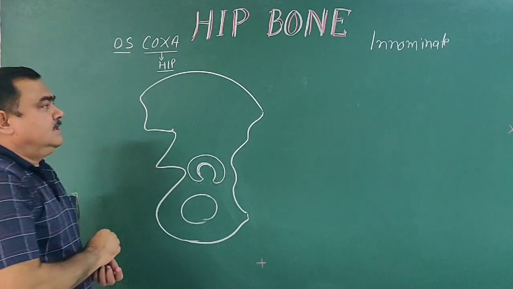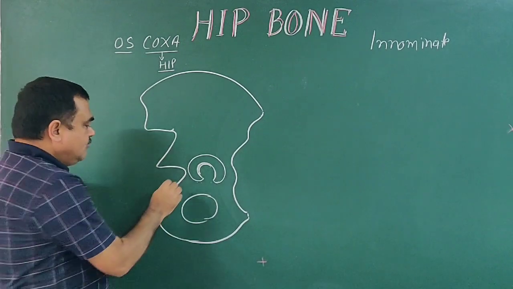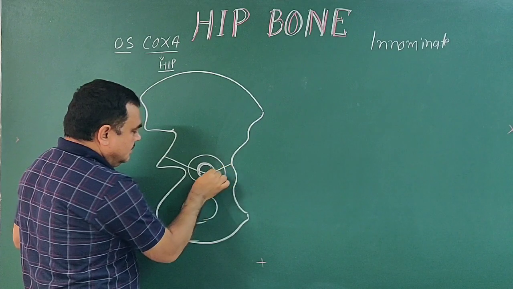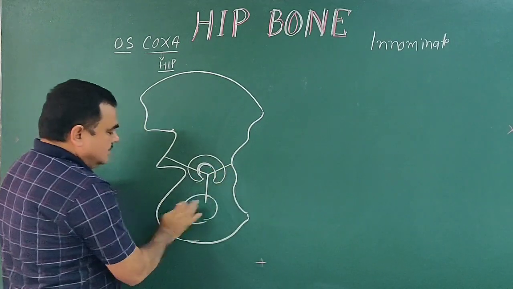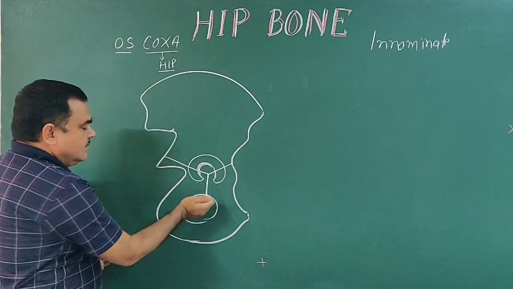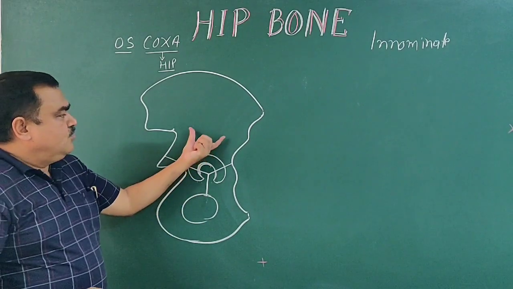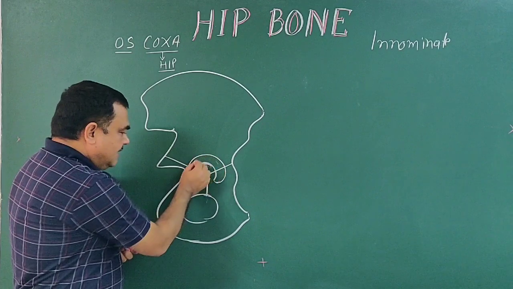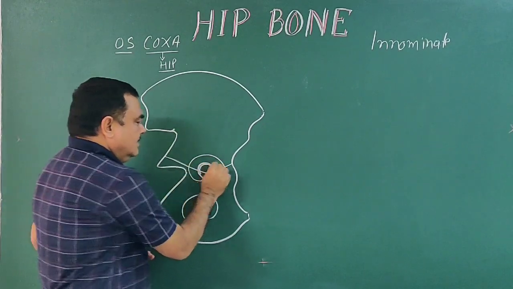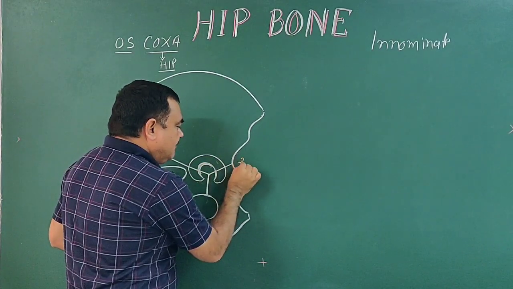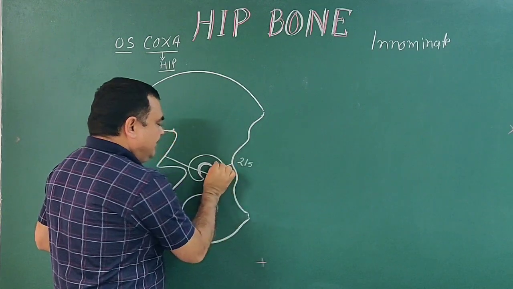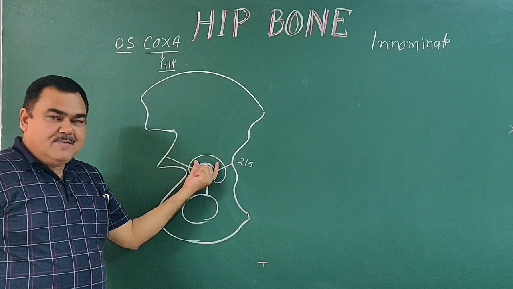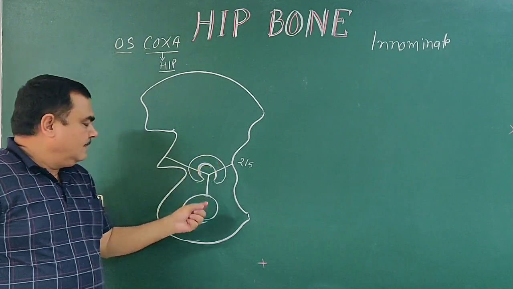This bone is made up of the joining of three bones. These three bones join. This bone is the ilium, this part. It forms about 2/5 part of the acetabulum.